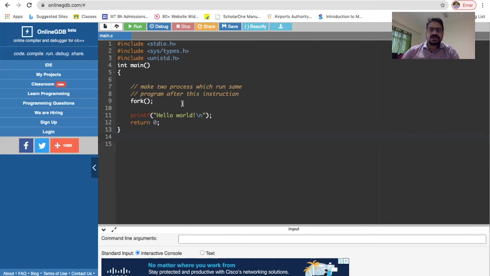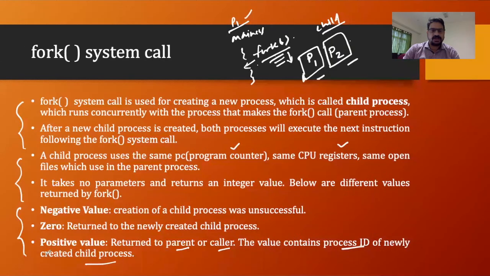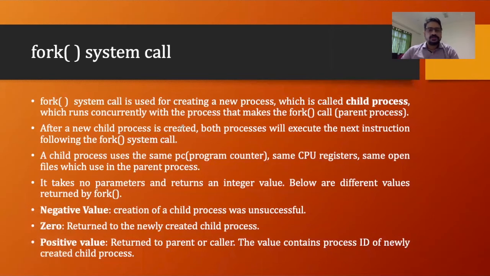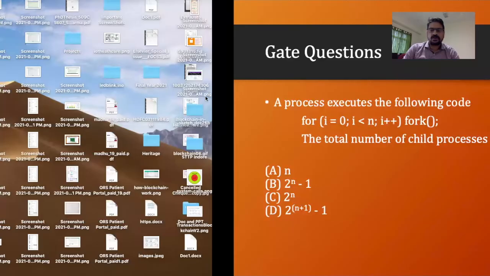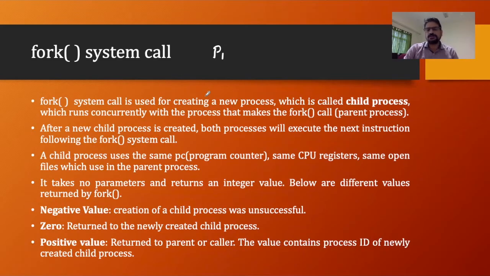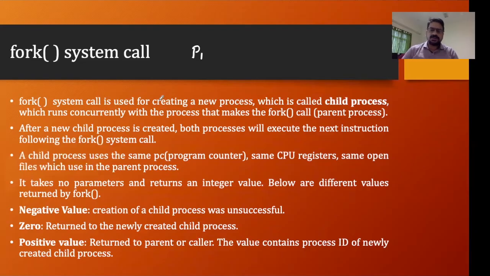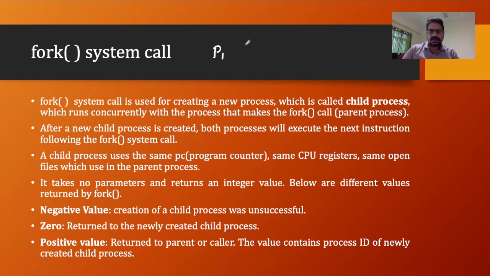Whenever we call the fork system call, a parent and a child exist. Assume that the program is P1, and whenever we execute this fork system call, P2 is created.